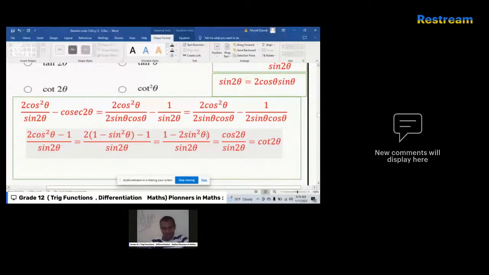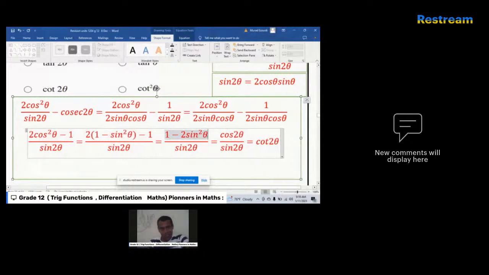Therefore, 2 cosine square minus 1 is 2 multiplied by, converting with the first identity cosine square plus sine square equals 1, cosine square is 1 minus sine square.